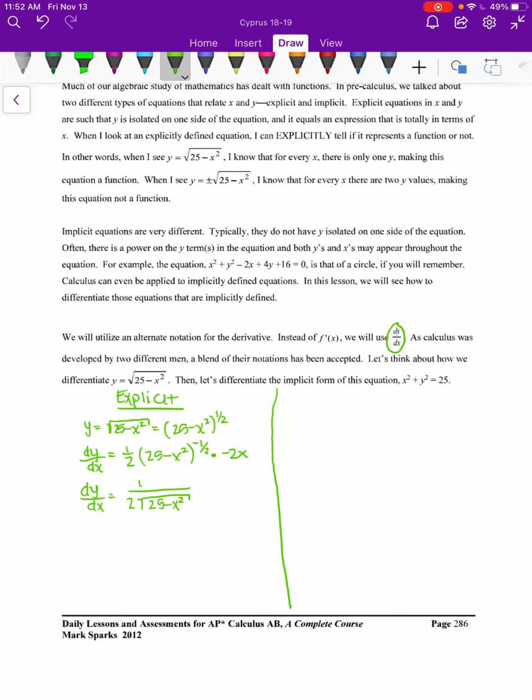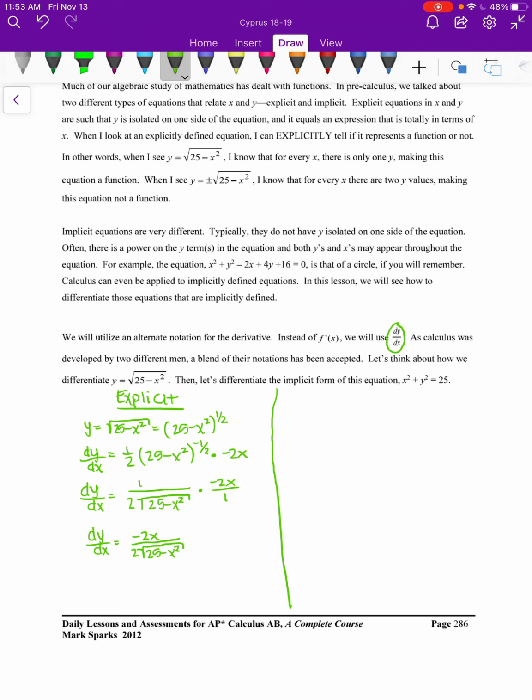I just rewrote that first piece, and then times negative 2x. And I'm going to write it over 1 because I want to combine this to be one fraction, not two separate fractions. So our final answer, dy dx, on top we have negative 2x, and on bottom we have 2 times the square root of 25 minus x squared.